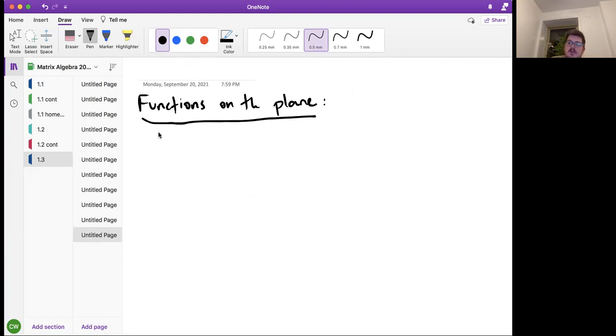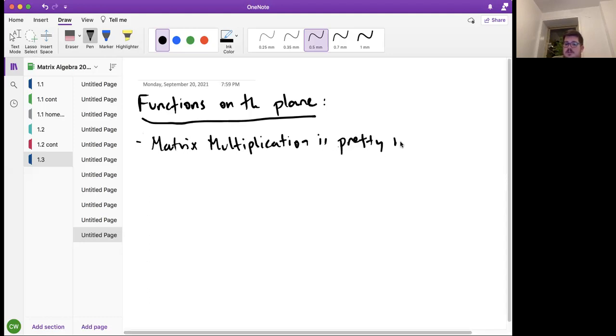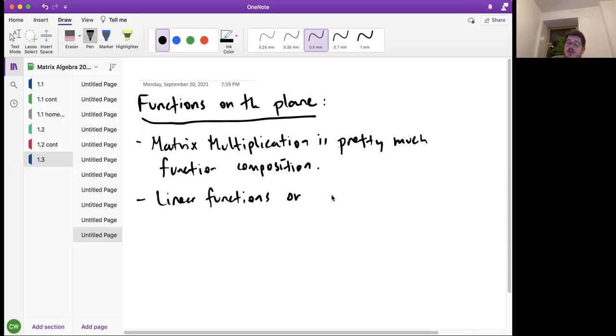It turns out that matrix multiplication is pretty much function composition. This is the motivation for talking about functions right now. And moreover, linear functions on a plane can be represented as a matrix.